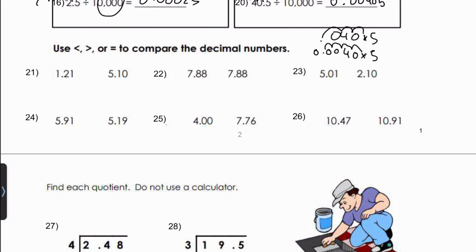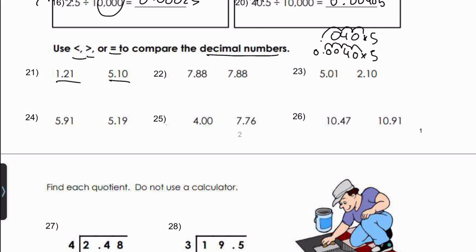And I think I'm going a bit too fast, so I'll slow down a bit. So it says, use a greater than or less than sign or an equal to sign to compare these numbers. So it's asking you to compare this number and this number.